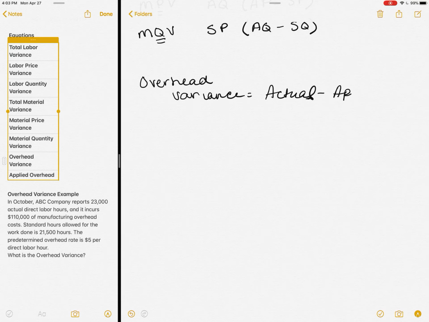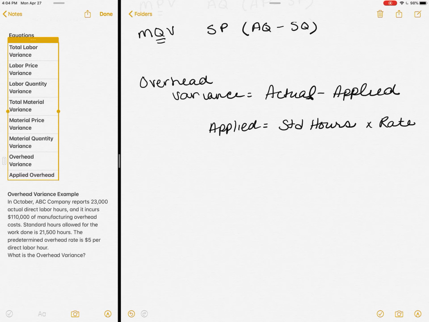Here, our standard is what we're going to be applying, or our applied difference. To find our applied, that's going to equal your standard hours times your rate. They're going to give you that rate. So the overhead is simpler. We should be able to do that easily.